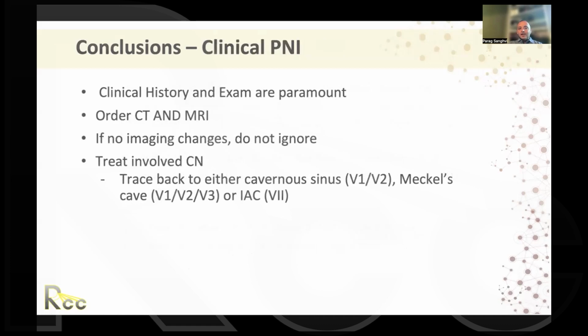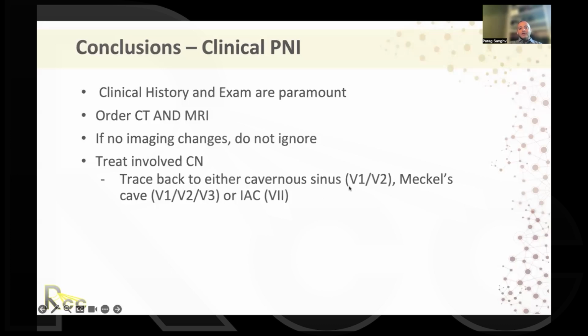And then finally, as I said, your clinical exam and clinical history is so important. So really, if you know a patient's had prior skin cancer and is coming in with numbness or facial weakness, honestly, it is skin cancer until proven otherwise. Order the appropriate imaging, CT and MRI, and even if you don't see anything, don't ignore those patients, and treat these cranial nerves, as I said, at least when you have these clinical PNI where you have no imaging findings.